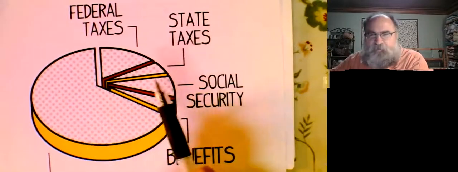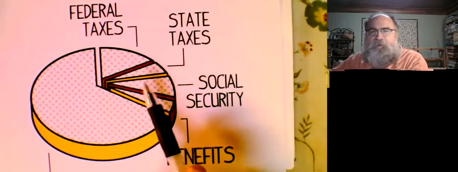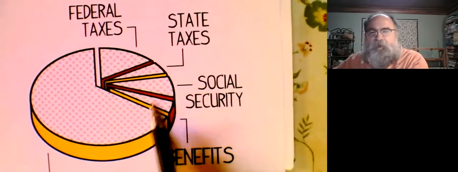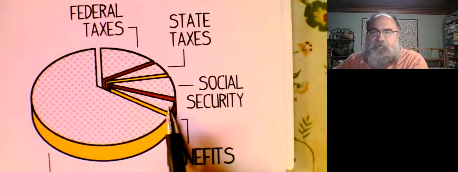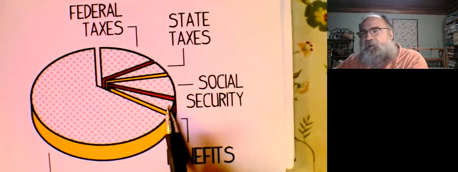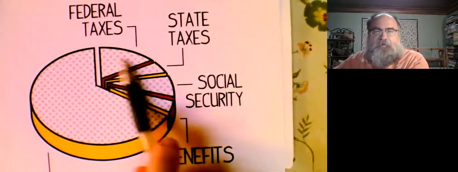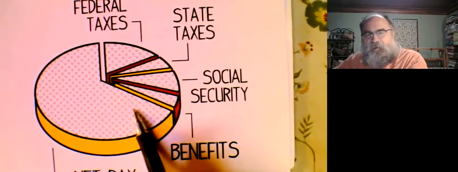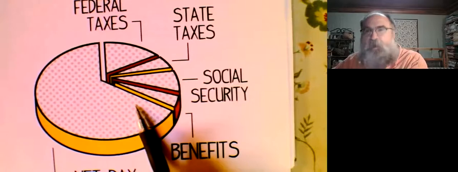That's what your gross is. But then you pay federal taxes, state taxes, Social Security, and maybe you're putting into your retirement, your benefits, or health care. And so that $200 a week now ends up being only like $162.